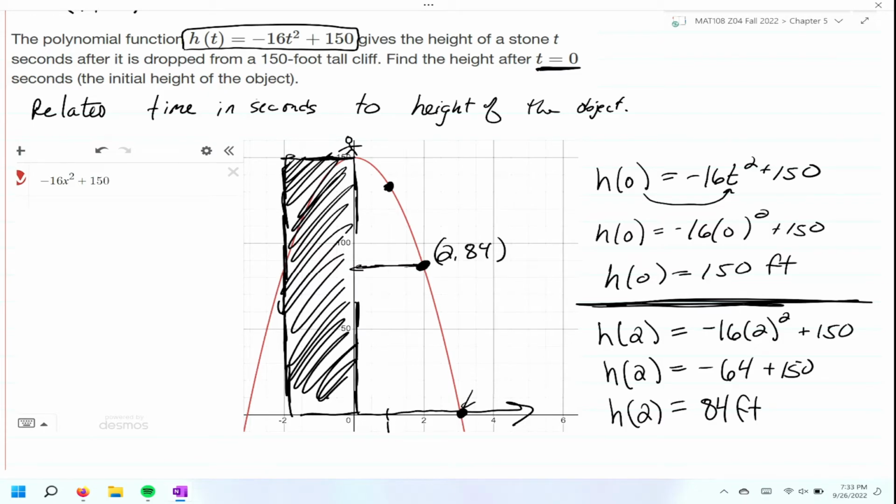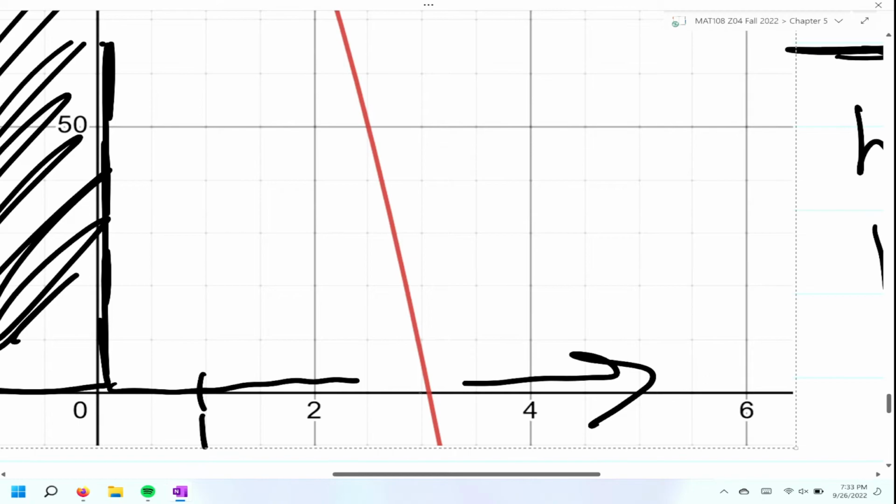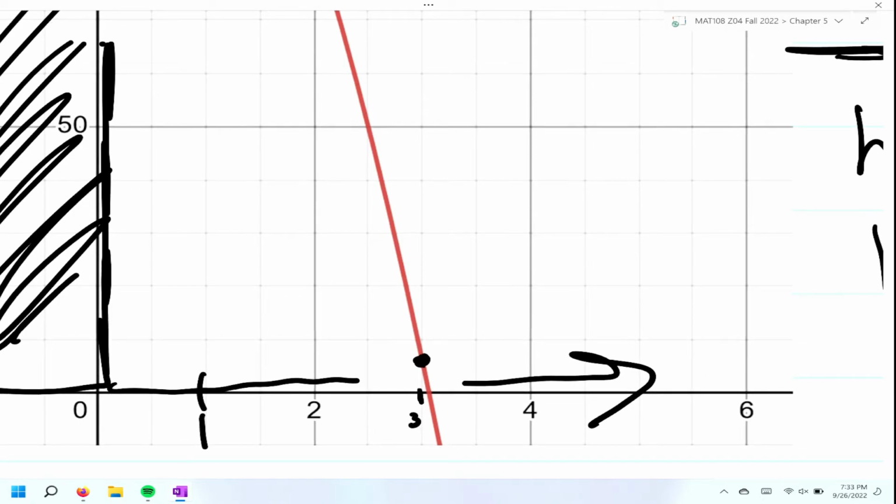In fact, let me zoom in a little bit. Right here is 3, right there is the value. Okay? So it's not perfect. It's not a perfect science, but you can definitely figure this stuff out.